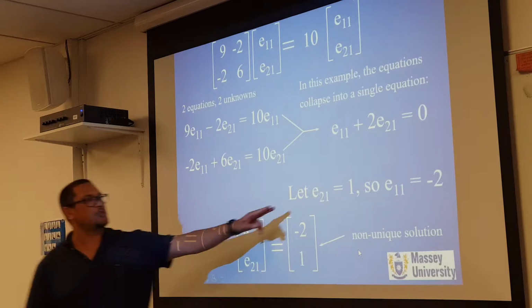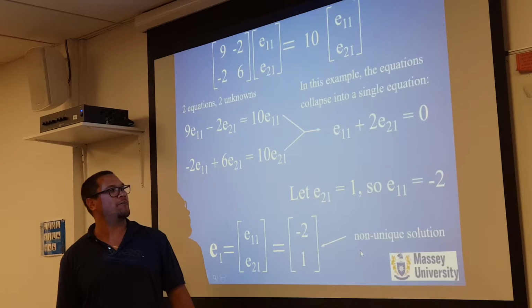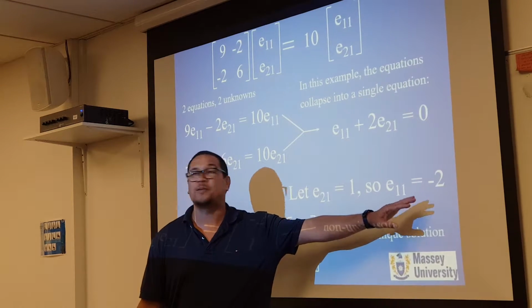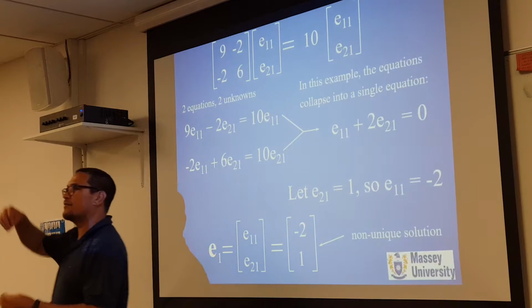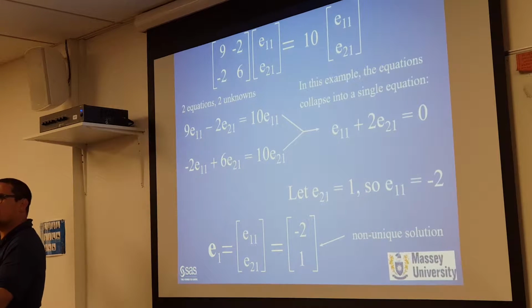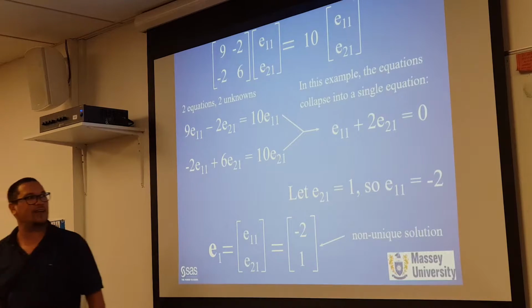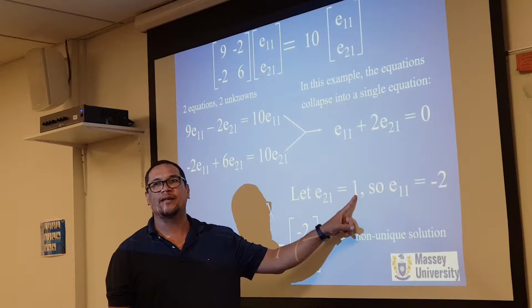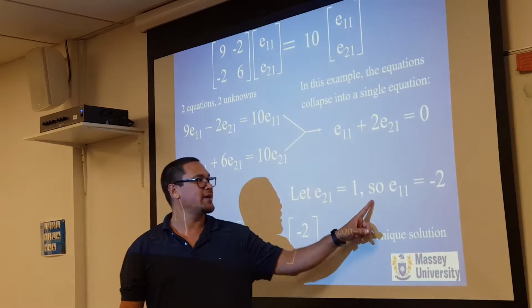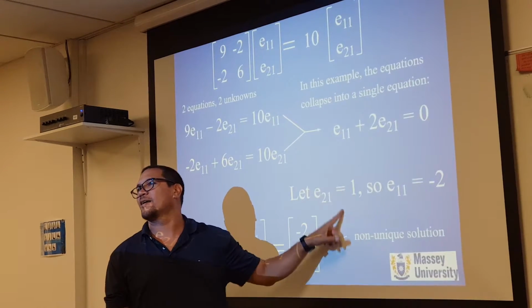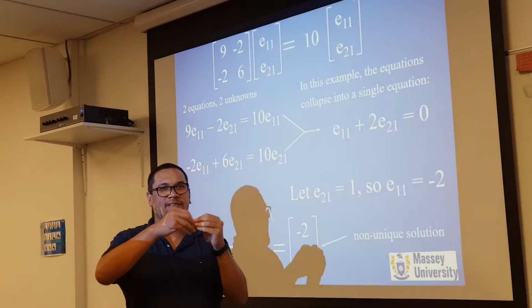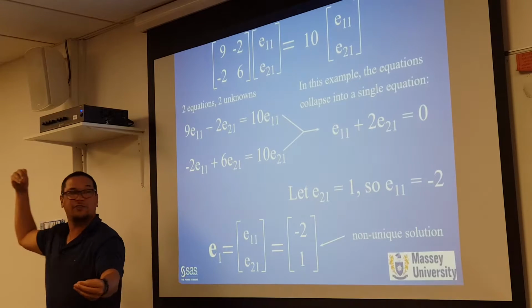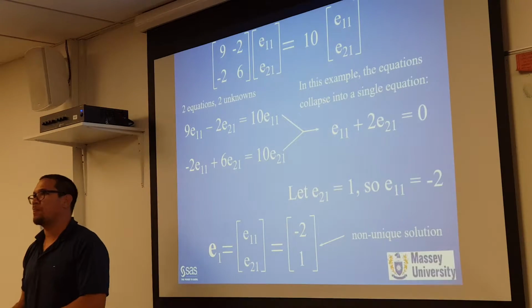This is a non-unique solution. I could have let E21 equal 4 if I wanted to, and then E11 would be negative 8. It's still the same direction. The vector would always be the same: E11 is always in the opposite direction of E21, and it's twice as big. So I can let E21 be anything I like, but the vector is given by the relationship of E21 relative to E11.